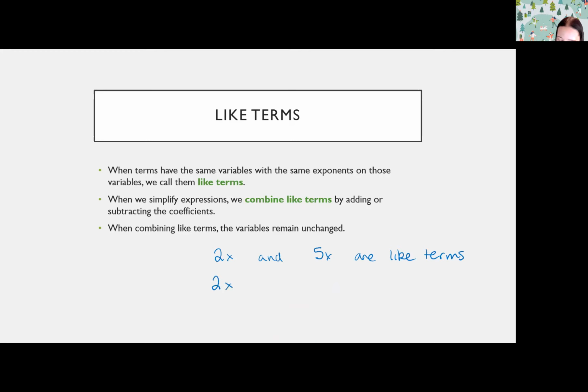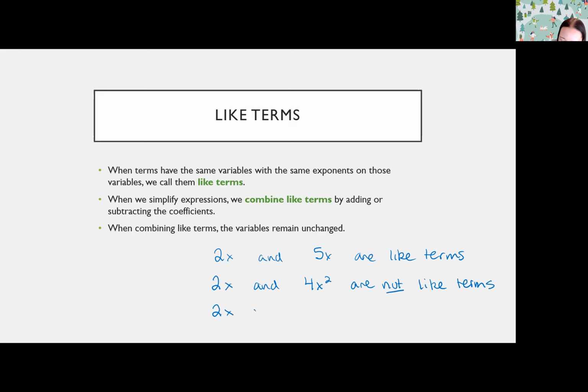But if you had 2x and 4x squared, these are not like terms, because one has an x, one has an x squared.